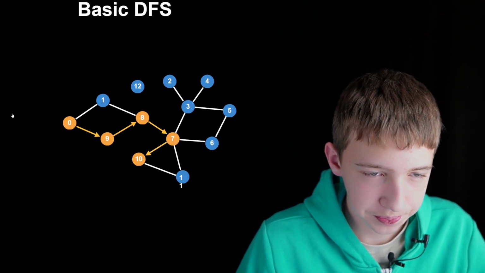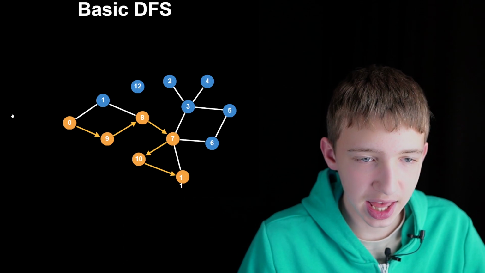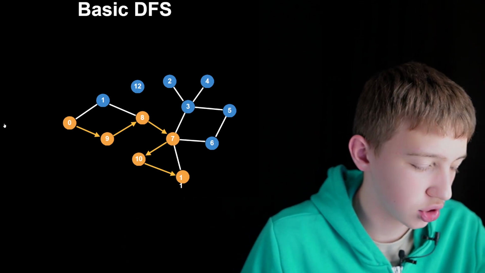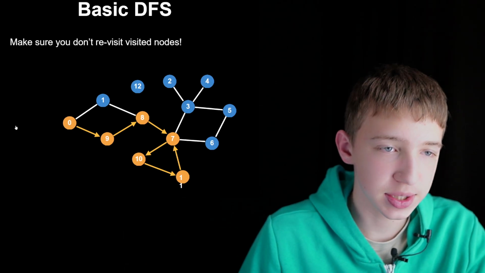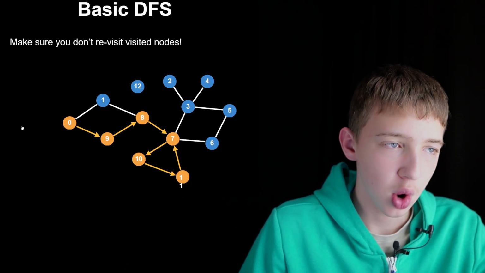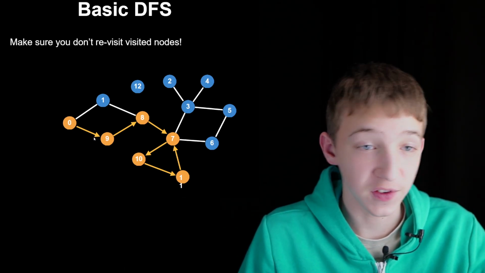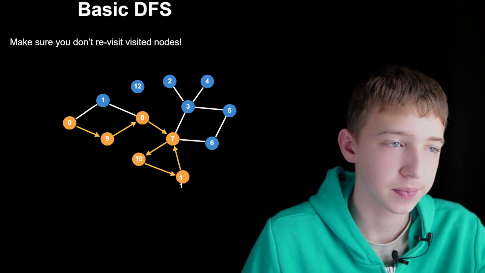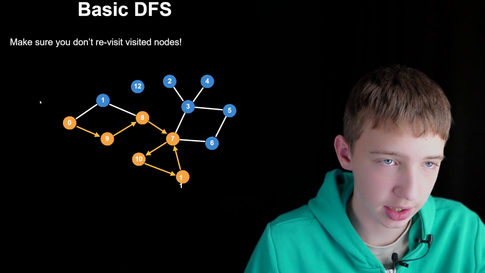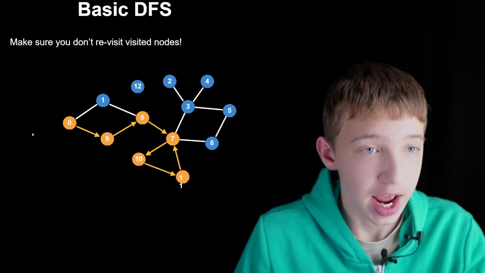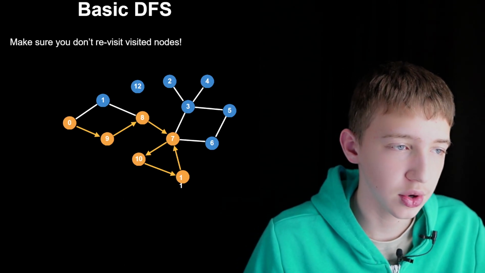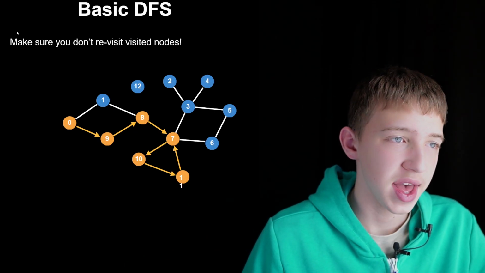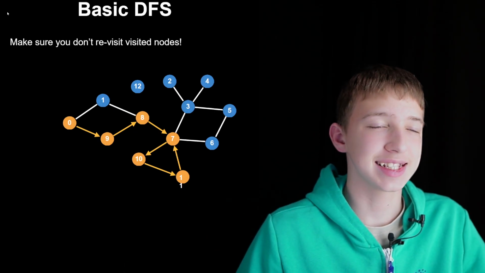Alright, if we go to node 10 and then 11, notice that we cannot go to node 7 once more, so we are making sure we do not revisit visited nodes. If we have visited node 7 before, we cannot visit it again. So we cannot create a cycle here using the depth-first search algorithm. In this way, we can determine if a directed or undirected graph has cycles.